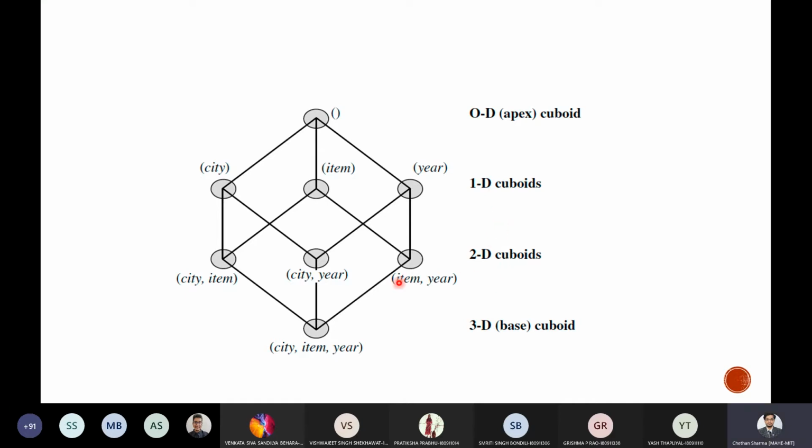Similarly, if there are two group by operations with respect to two dimensions, it is 2D, and similar things. So one thing with respect to online analytical processing, or OLAP, is that it might need access to different cuboids for different queries. You cannot depend on one single cuboid.